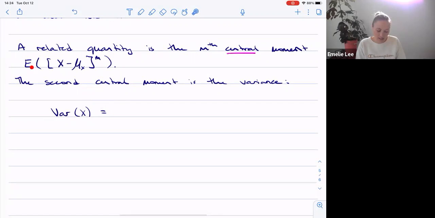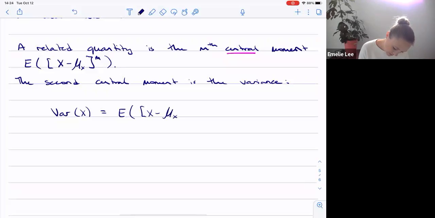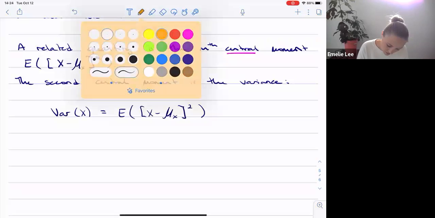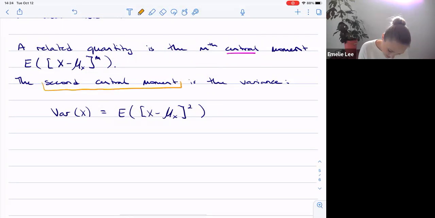Well, I could define it as the expected value of X minus mu X to the power of 2, for the second central moment. So that means that the expected value of X minus mu X to the power of 2 is the variance of X. Okay, kind of doing a crisscross here. The second central moment is this, and it is the variance.